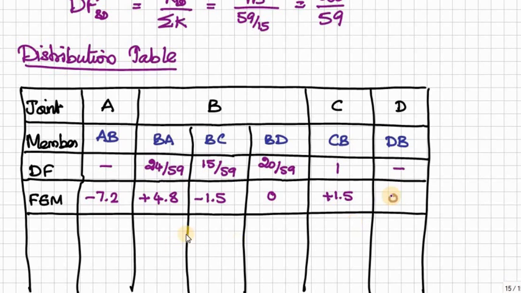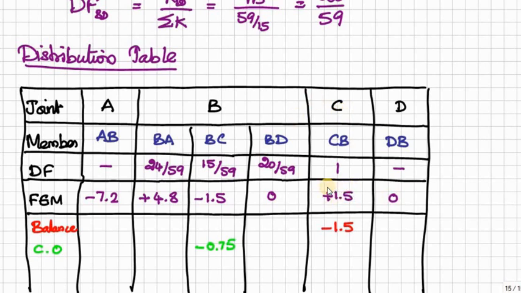The next step is to balance. First we have to focus on the end supports which are simply supported. In our problem, support A is fixed, B is an interior joint, but C is the exterior joint which is simply supported. Therefore, we have to balance the simple support first.